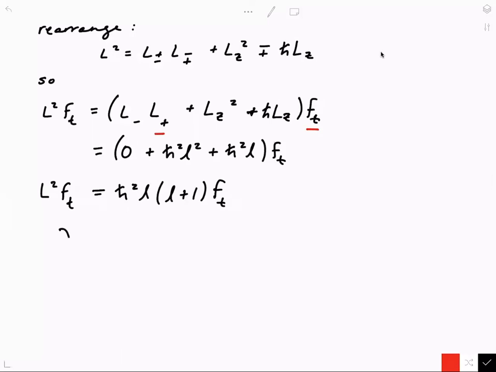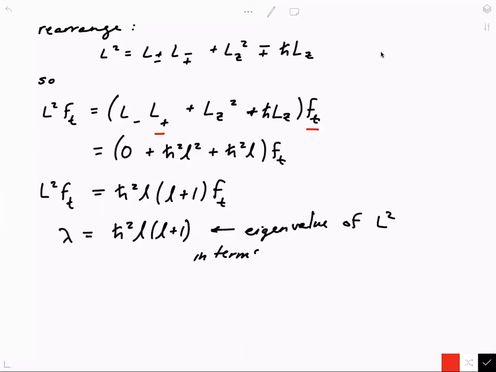Well, that says that the eigenvalue that shouldn't be changing at all of my angular momentum squared must be h bar squared L times L plus 1. That is our eigenvalue of our angular momentum squared, and it is in terms of our maximum eigenvalue of this one component of our angular momentum. So that's a good place to pause.